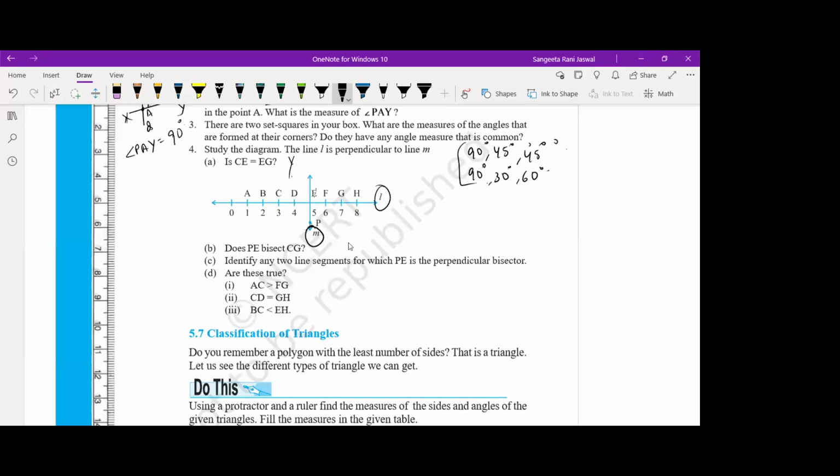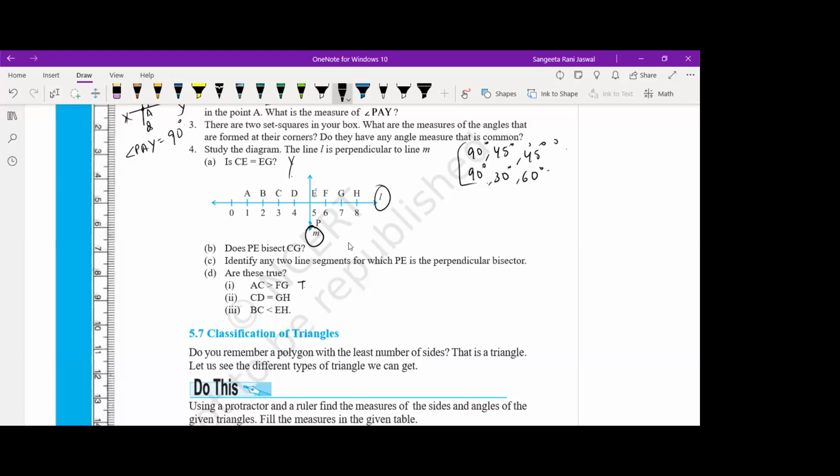AC is greater than FG. Nishika, yes, tell me. A to C is what distance and F to G is what distance? Ma'am, it's true because A to C is 1 to 3, and then F to G is 6 to 7.